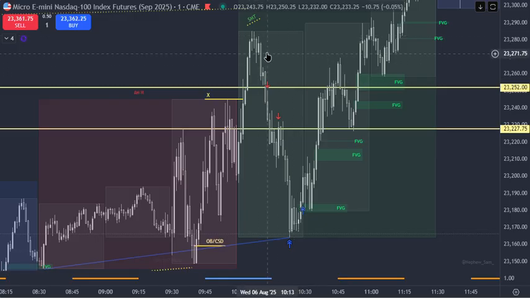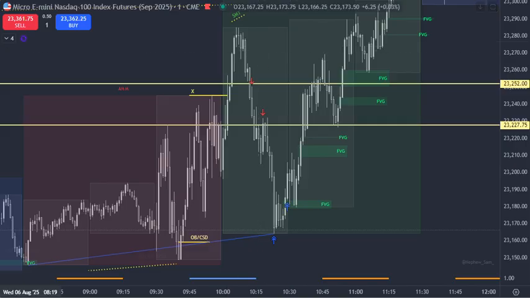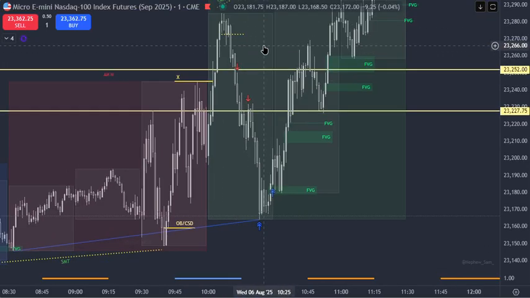And then whenever we started closing below this, it started closing more bearish. The order flow changed. What I did is I waited for this fair value gap to get disrespected. So this was disrespected.